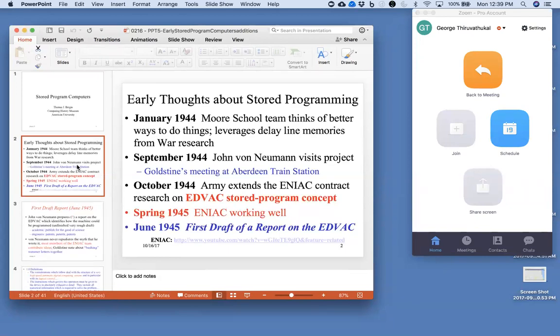This is well after the time of the Atanasoff-Berry computer, which, as I mentioned, was in the 1936 time frame. That is considered by most people to be the first computer, again with the understanding that a lot of computers preceded the Atanasoff-Berry computer, especially the Hollerith machine.